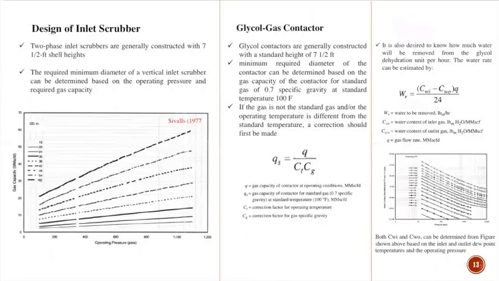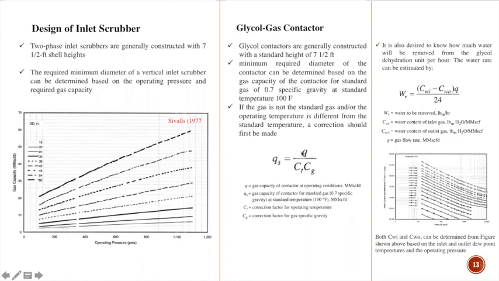Here you can see that once you do the correction, CT is the correction for temperature and CG is the correction for gas gravity, and Q is the gas capacity of the contactor at operating condition, right? And QS is the gas capacity of the contactor for standard gas, that is 0.7 specific gravity and 100 Fahrenheit. So in this way these corrections are multiplied with QS to get the Q, right?